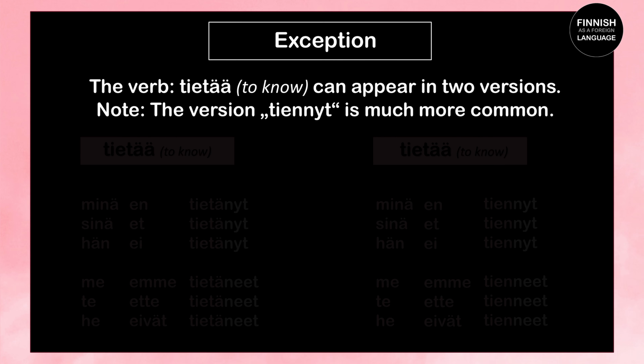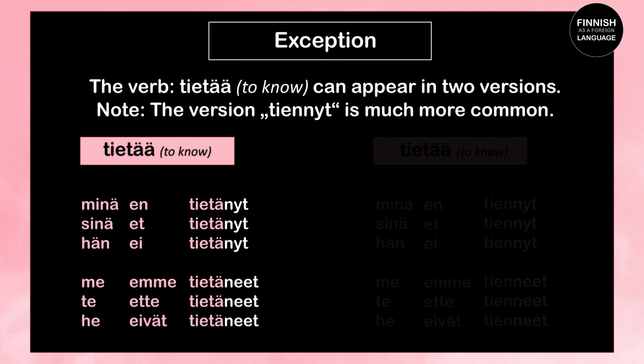So you probably already know the word tietää, which means to know. This one can appear in two versions. Tietää is verb type 1. So that means to get the infinitive stem, we just have to remove the last letter. So that means our infinitive stem is tietää with one ä. Minä en tietänyt. I didn't know. Sinä et tietänyt.